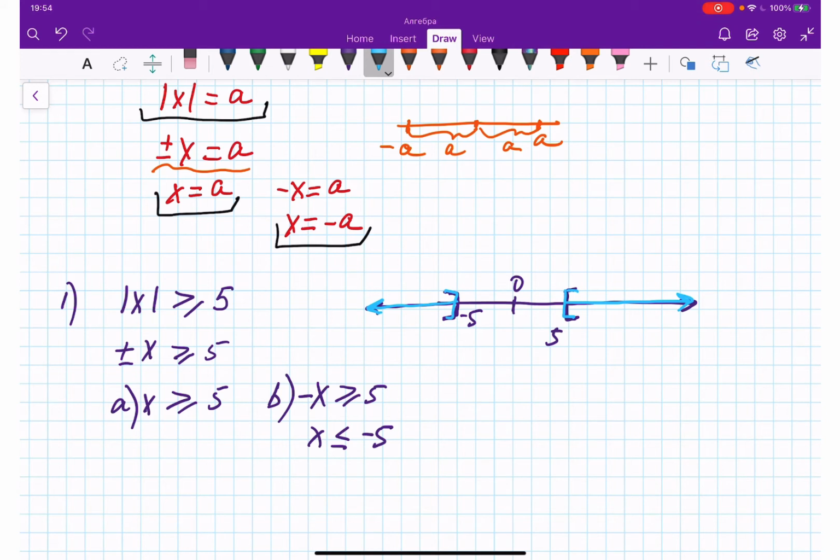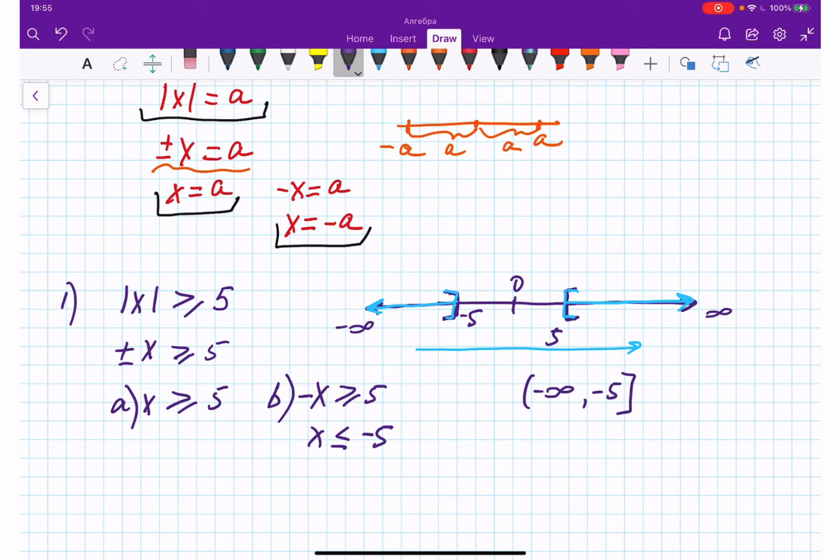So if I write down in the format of interval, it's going to be from negative infinity, because this is negative infinity, this is positive infinity. And because numbers are growing from left to right, from negative infinity to positive infinity, that's why I start writing down from left to right. So from negative infinity to negative 5, right? Negative infinity always going to be parentheses, because infinity never has a limit. It cannot be included.